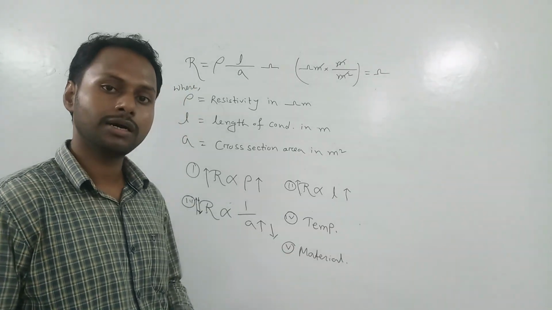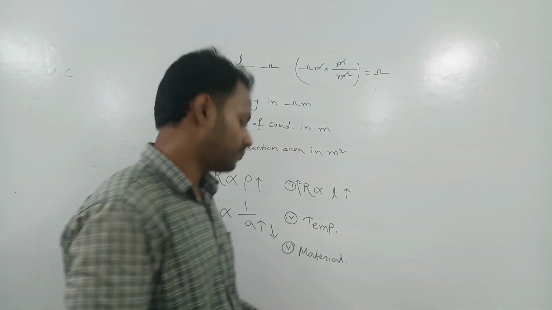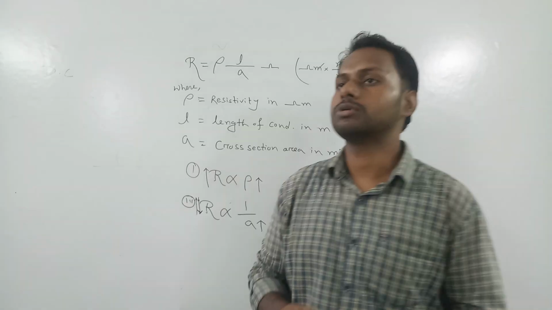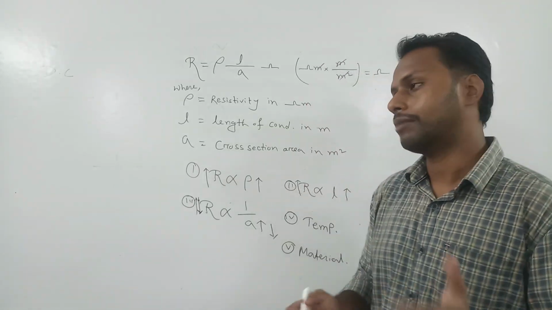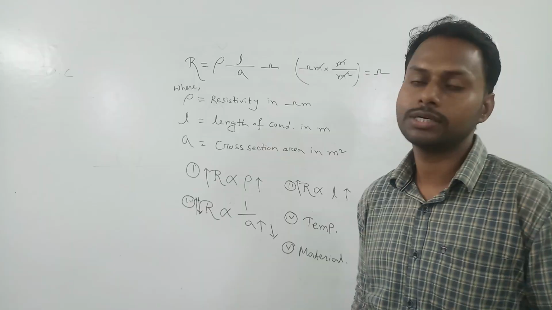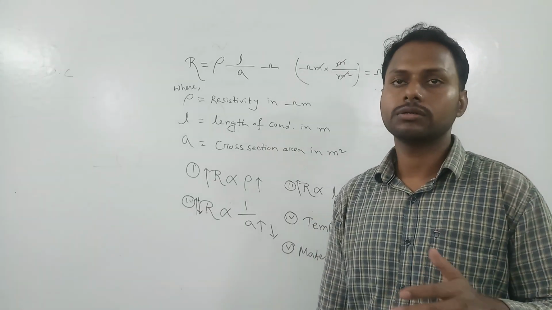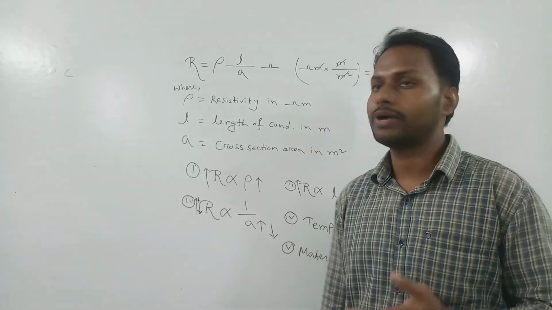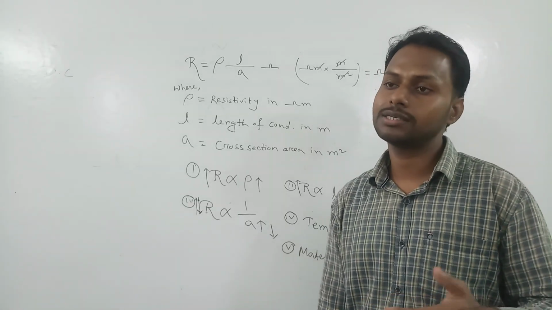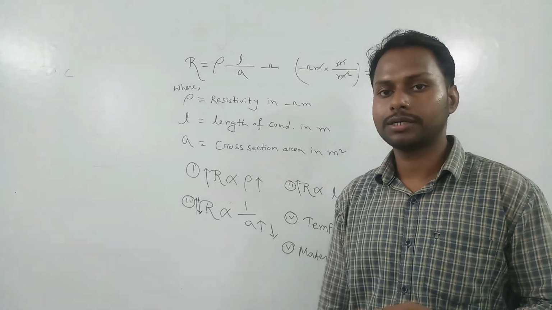If we use aluminium, its resistance property will be different. So according to the resistance formula, we apply it in Kirchhoff's voltage law, in voltage series, voltage divider rules, and current divider rules. So Ohm's law is very important in the analysis of electrical circuits based on the resistance part.